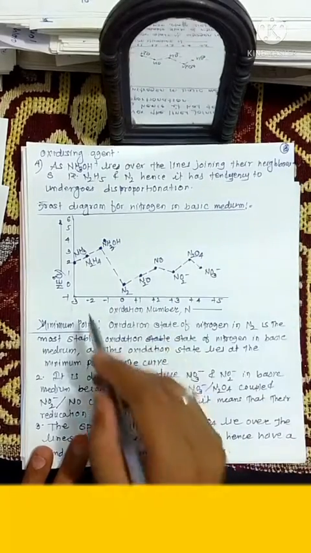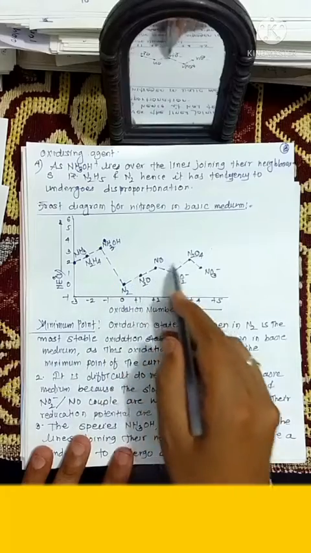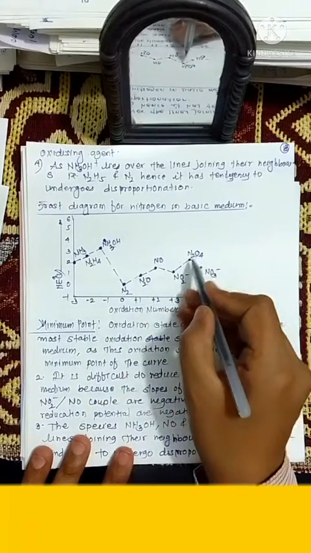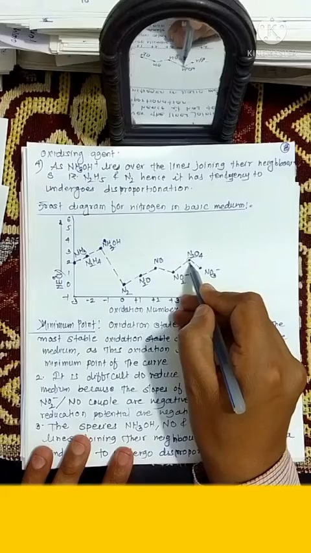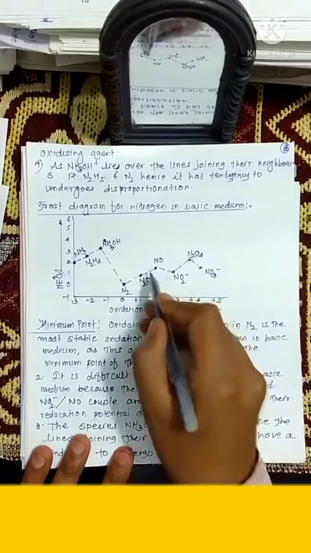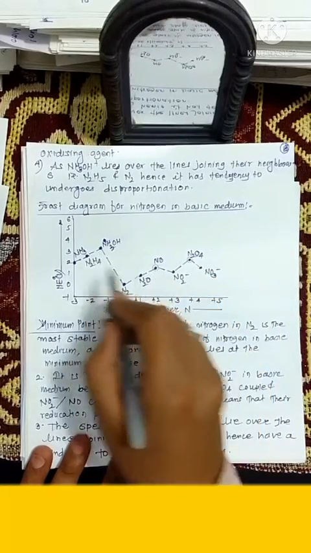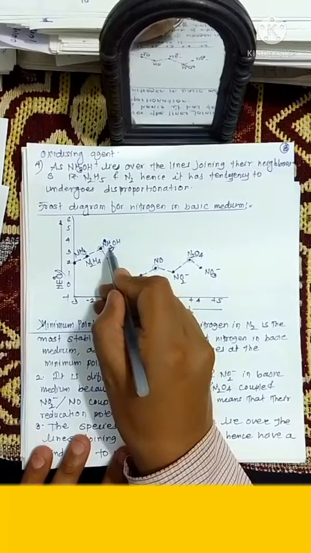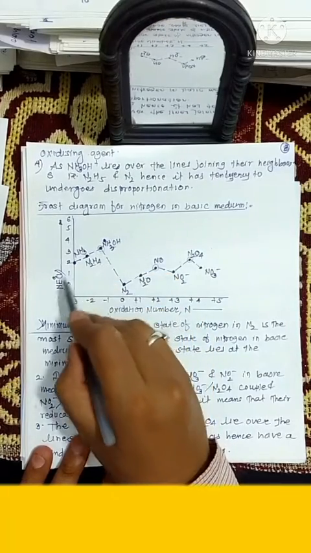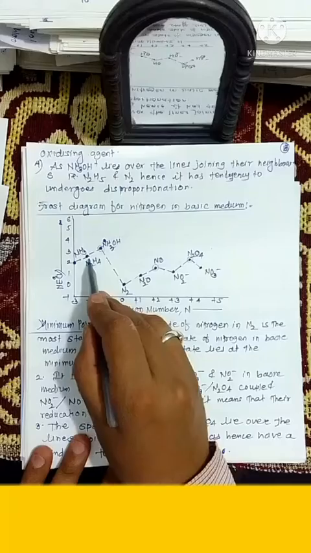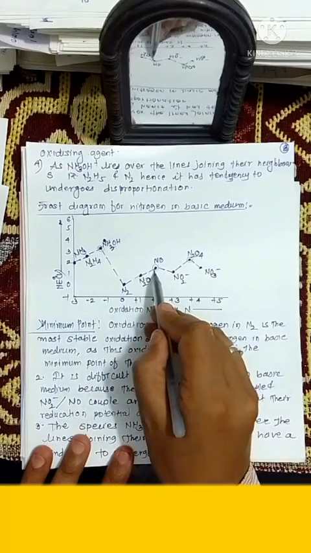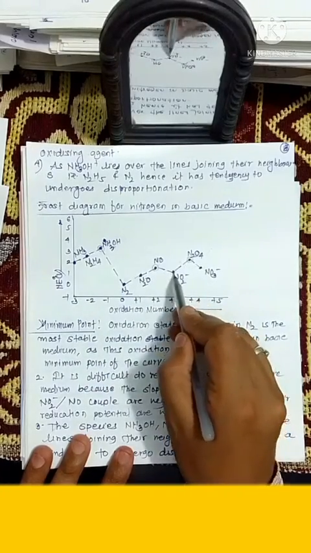So from the Frost diagram of nitrogen in basic medium, we first conclude that N2O4, NO and NH3OH+ have a higher value of nE0 as compared to their neighbors.